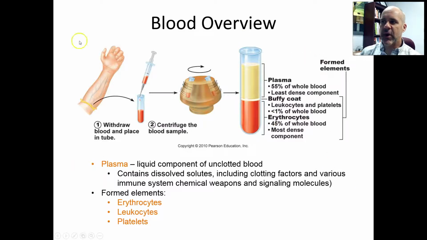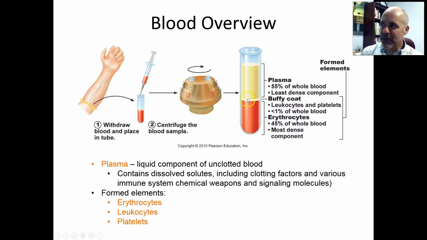So this diagram is showing you what happens if you collect blood from a patient and you prevent it from clotting and you put it in a centrifuge in the laboratory, a machine that spins around, and that causes the more dense objects in the blood to settle toward the bottom. And so if you took that tube out, what you would see is the liquid plasma up on top, the erythrocytes, or red blood cells, down here on the bottom, and then right here there's a little strip called the buffy coat, which contains your leukocytes, or white blood cells, and your platelets.